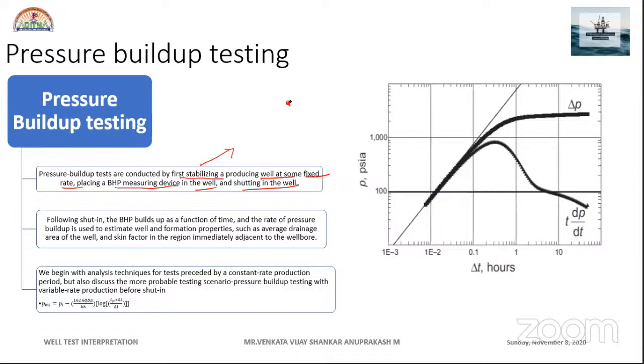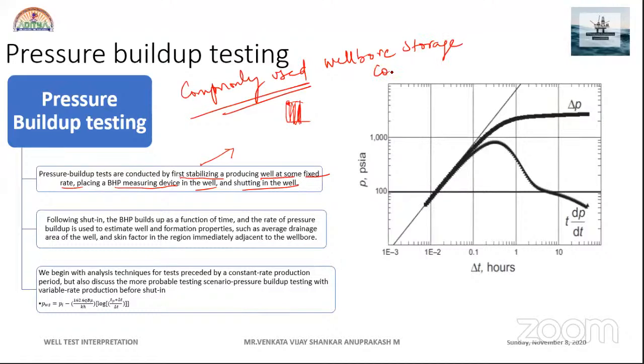After that, placing a device in it, again we shut in the well. This is one of the most commonly used tests, because this is where we can get the wellbore storage coefficient.